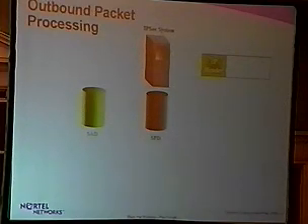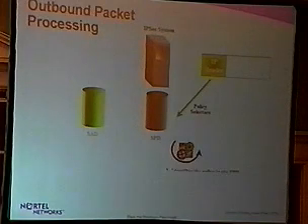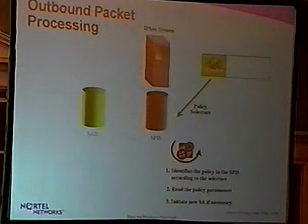Okay, so when we're sending a packet out from the trusted network out across the internet or untrusted network, the first thing we do is look at the packet and compare it with our security policy database, see if it's something that we should be sending out, see if we have an existing security association, and if we don't have an existing security association for this particular packet, for the destination that it's going to, then we'll have to begin the negotiation with the other gateway or with a potential other gateway and establish a new security association for it.